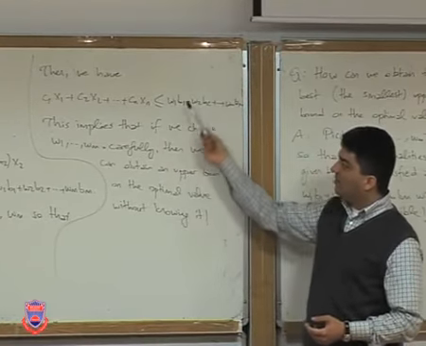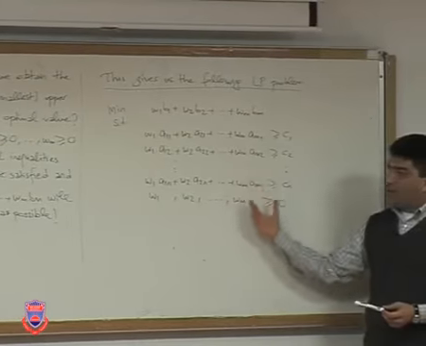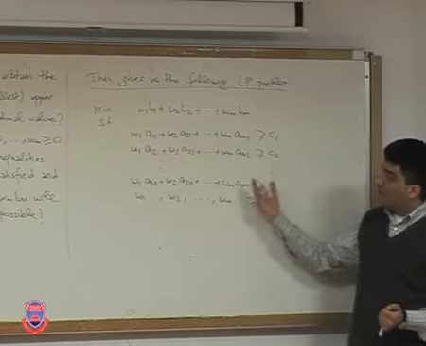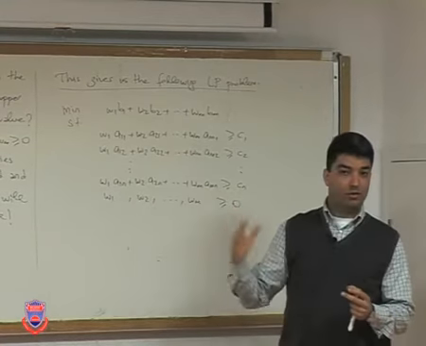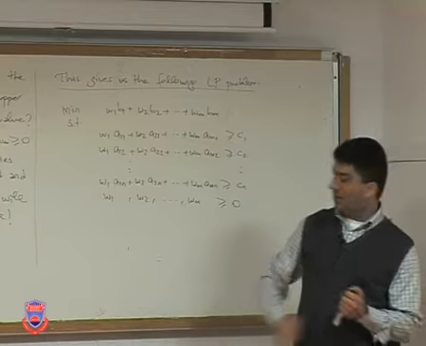So what I'm interested in is finding the best possible choice of W1 through Wm, so that my upper bound will be as small as possible. And that's equivalent to solving this new LP problem. If I can solve this new LP problem, then the optimal value of this problem will give me the smallest possible upper bound on the optimal value of the original problem. Does everybody see that?